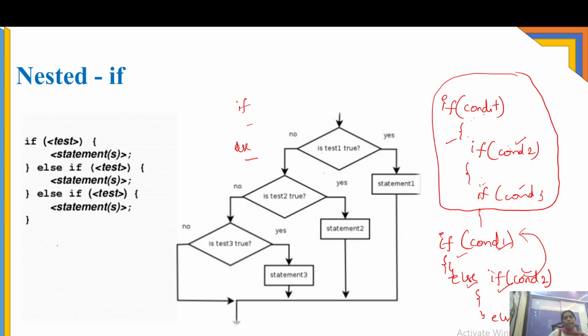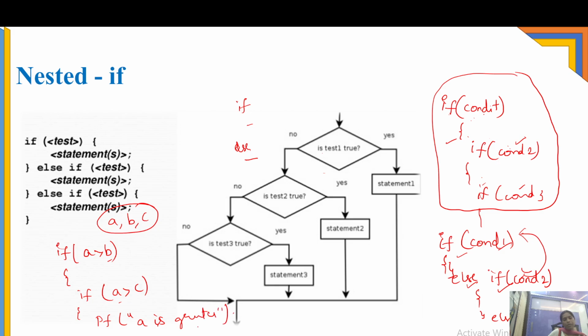So for example, if you want to check 3 conditions or 2 conditions, if A is greater than B, if A is greater than C, then printf, for example, you have A, B, C, A is greater than B and A is greater than C, A is greater, right?